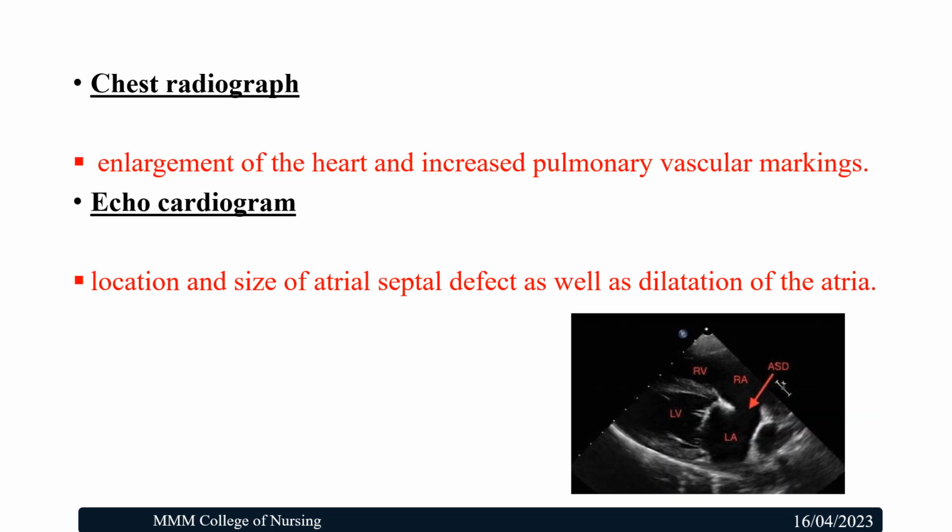In the chest radiograph, enlargement of the heart and increased pulmonary vascular markings will be there. In the echocardiogram, you can visualize the location and site of the atrial septal defect as well as the dilatation of the atria. So these are the diagnostic evaluations for ASD.